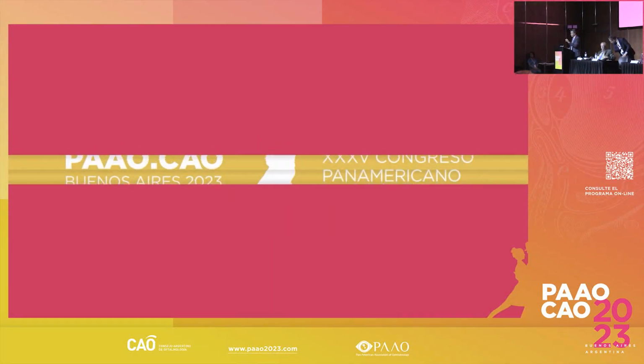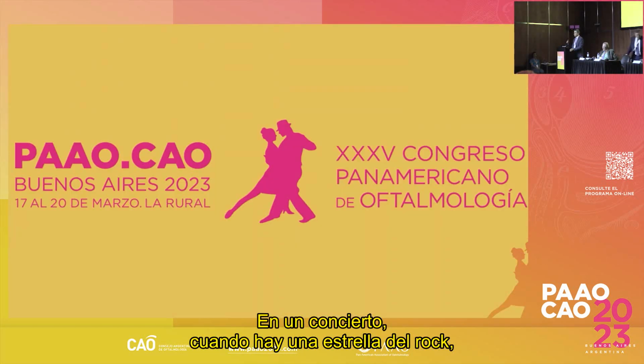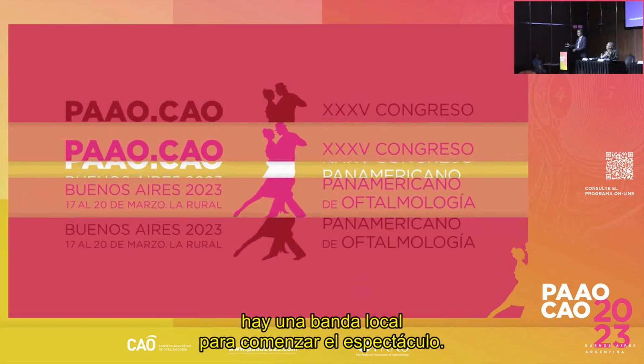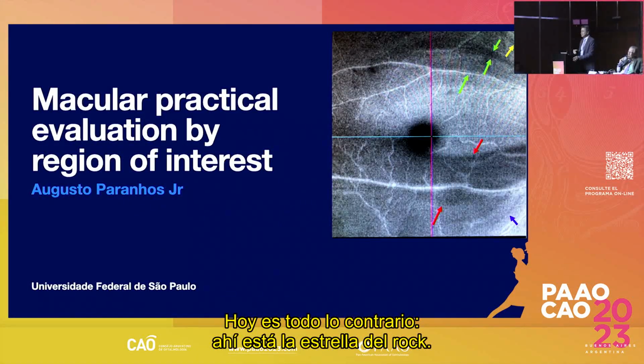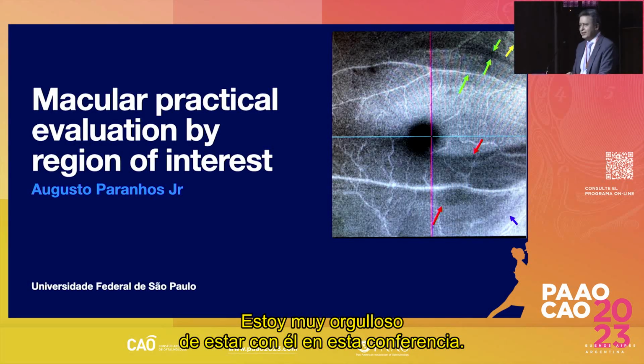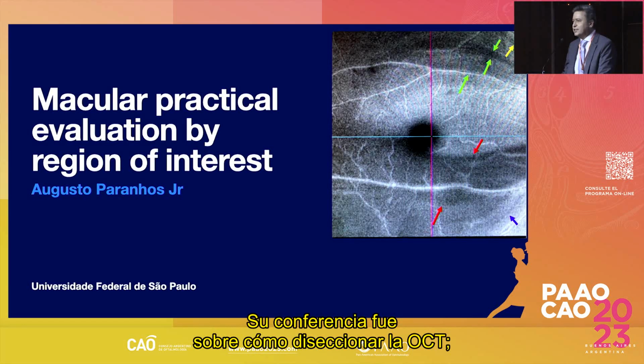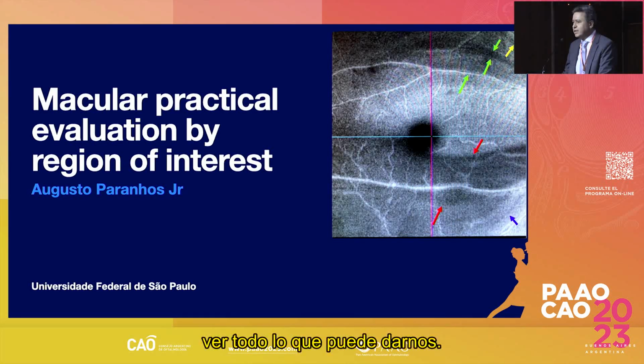Well, we usually see, when you have a rock star, a local band to start the show. Today was the opposite. He is the rock star, and I'm really proud to be together with him in this lecture today. His lecture was about how to dissect the OCT, how to see everything that it can give you.